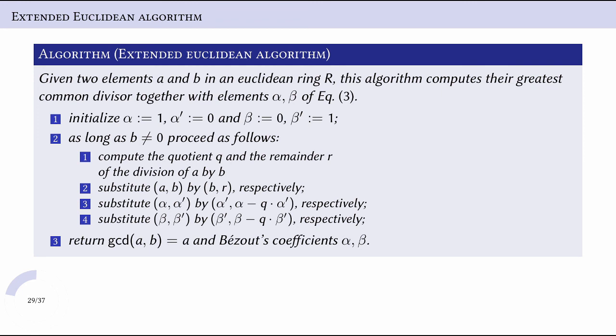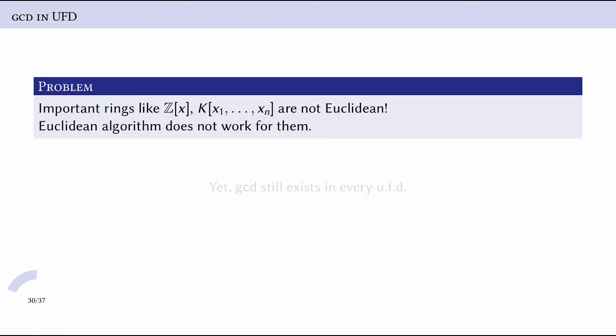One obvious problem with the Euclidean algorithm, and also the extended Euclidean algorithm, is that it does not work in important rings like the ring of polynomials over the integers, or the ring of multivariate polynomials, even over a field. These rings are not Euclidean.